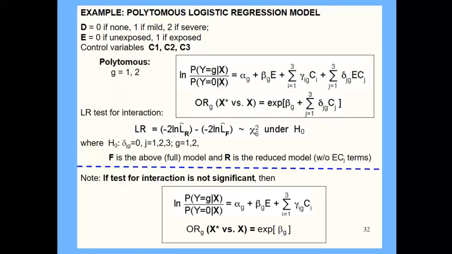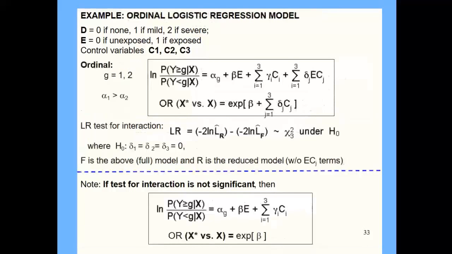Okay. Now, look at the next slide. This is what the model would look like for the similar situation, but if your outcome was an ordered outcome. So this would be the ordinal logistic regression situation if you had 3 categories of the outcome and they were ordered. And this is what the proportional odds ordinal model would look like, because now you're writing the model as the log odds.